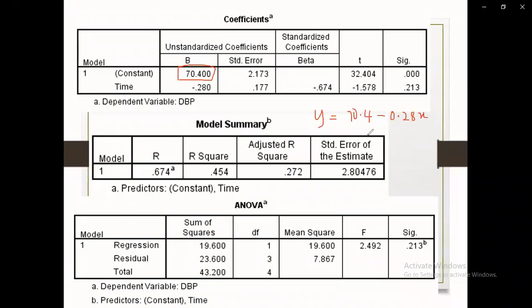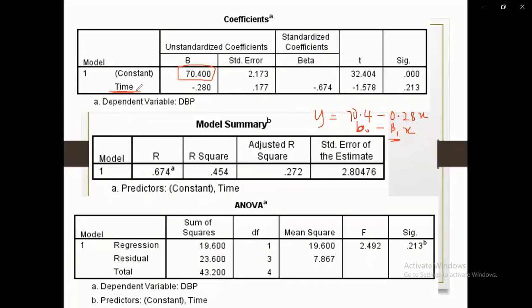And if you compare this clearly, this is beta naught, or in the earlier model you saw a, minus beta 1 x. So this beta 1 here is the coefficient of your independent variable, which is time.